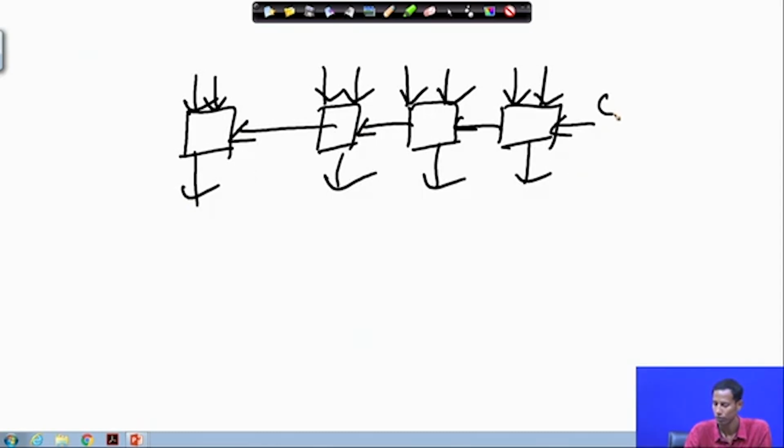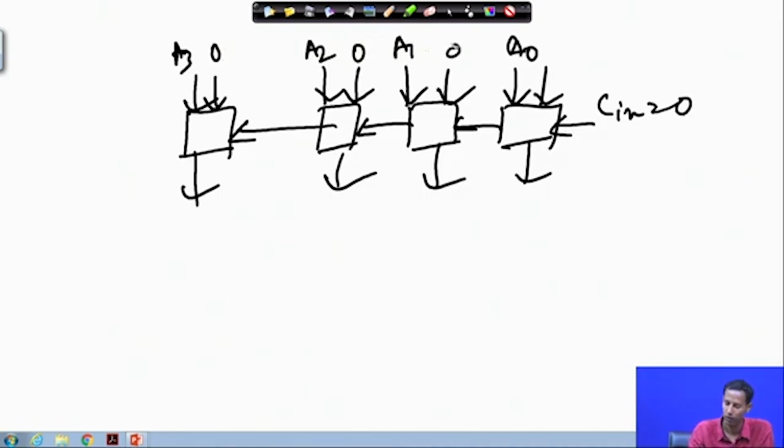Okay. So, Cin equals 0, here this is A3, A2, A1, A0, but here what is happening? This is 0, this is 0, this is 0, this is 1. So, that means now for the sum, what will be the expression?